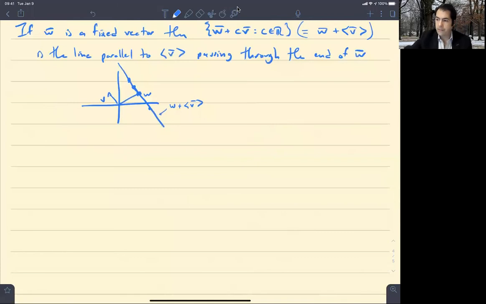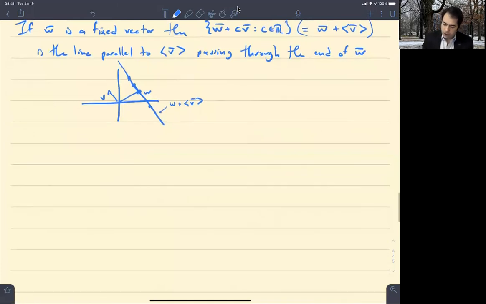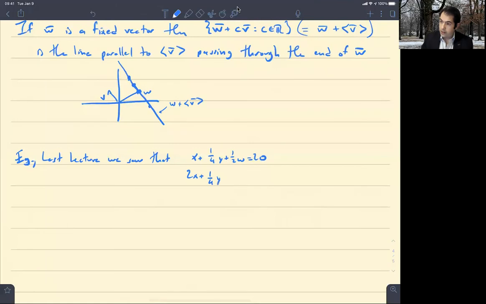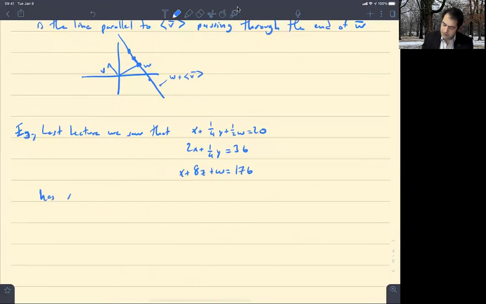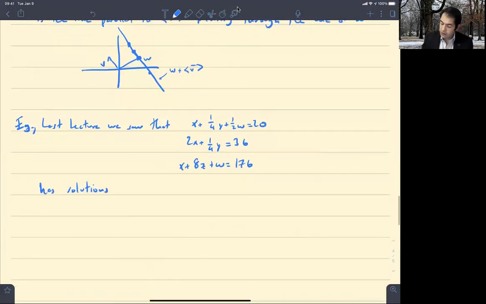Okay. Let's look at another example. So last lecture, we saw that the system of equations x plus 1/4 y plus 1/2 w equal to 20, 2x plus 1/4 y equals 36, x plus 8z plus w equals 176, has solutions. x is equal to 16 plus 1/2 w, y is equal to 16 minus 4w, z is equal to 20 minus 3/16 w.